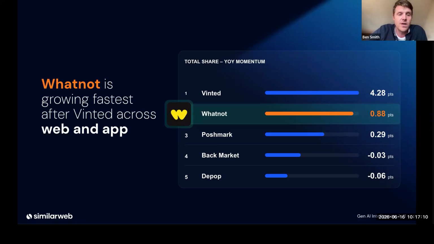However, for Vinted, it's really important to understand that Whatnot, although they're small in the market at the moment, are equally growing very well. Now, why is this important? This is good for Vinted because they can understand, okay, we're dominant, we should keep investing, but also for the other companies, it can really highlight where there are big gaps and vulnerabilities in what they're doing. So let's look at the next slide.